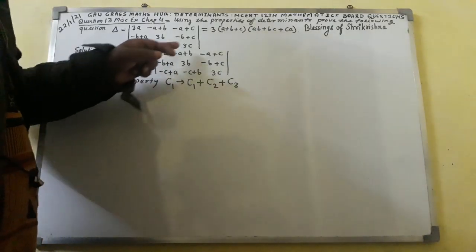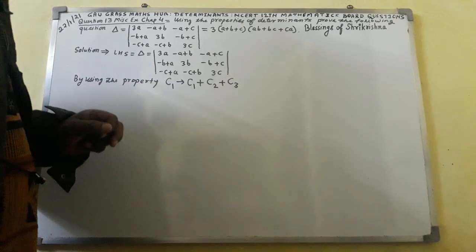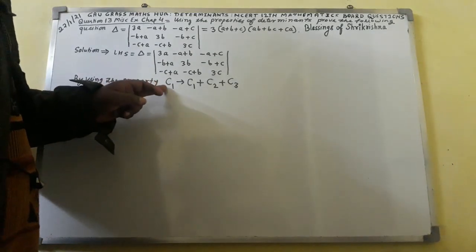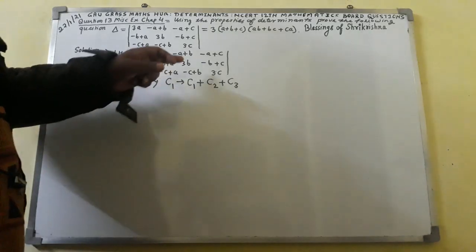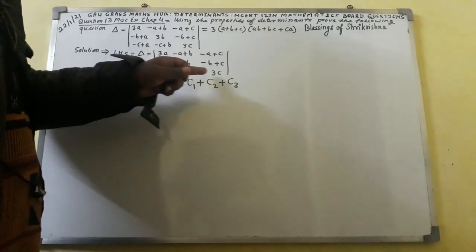This is C1, this is C2, this is C3. C1 goes to C1 plus C2 plus C3 means that changes will occur only in the first column. There will be no changes in the second column and third column.